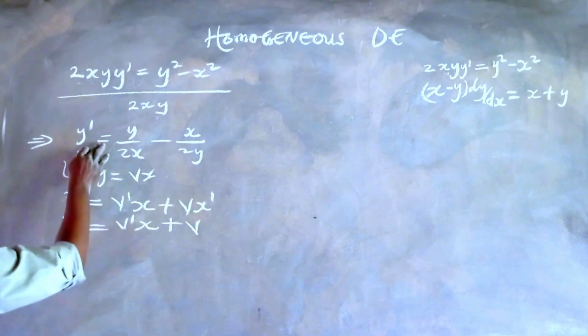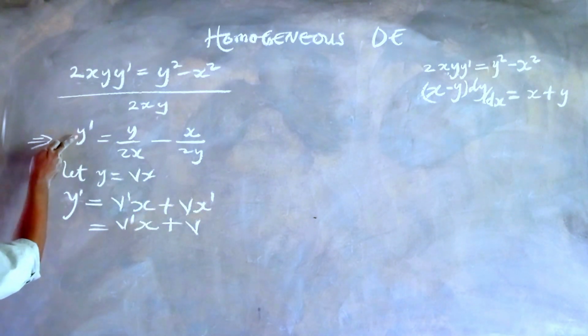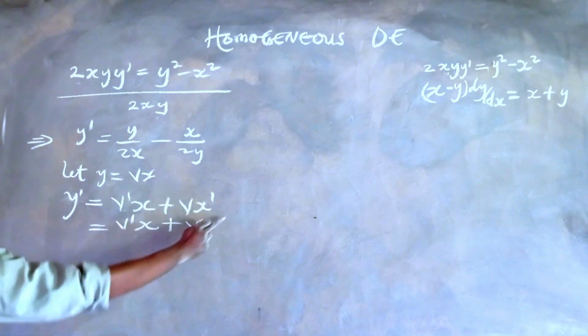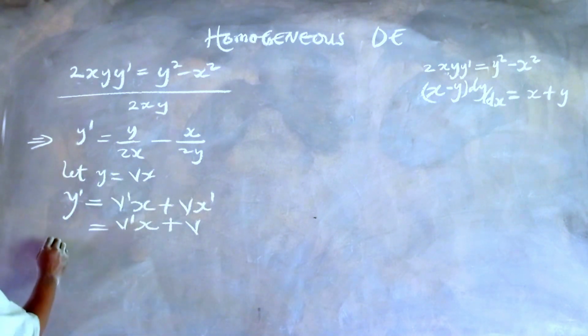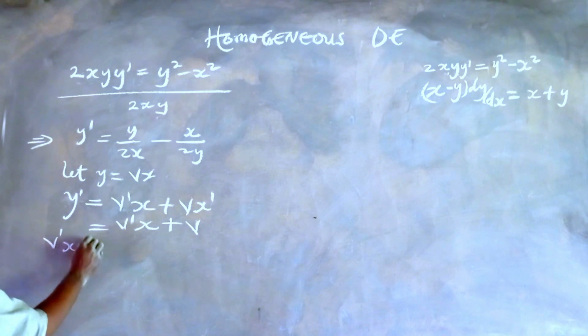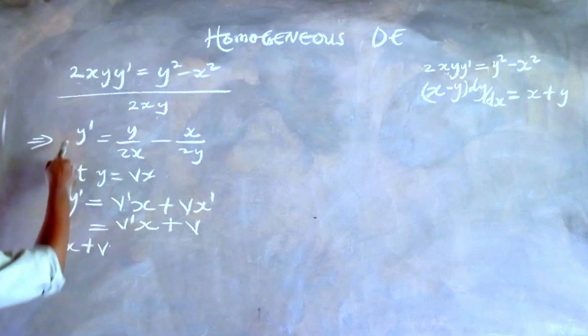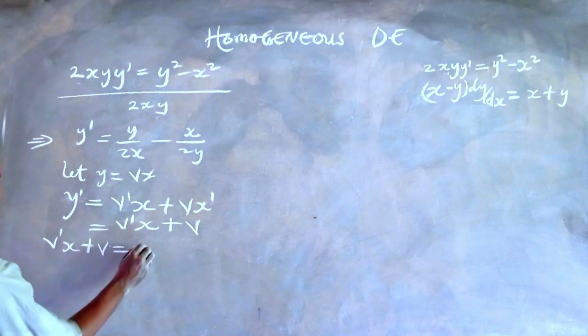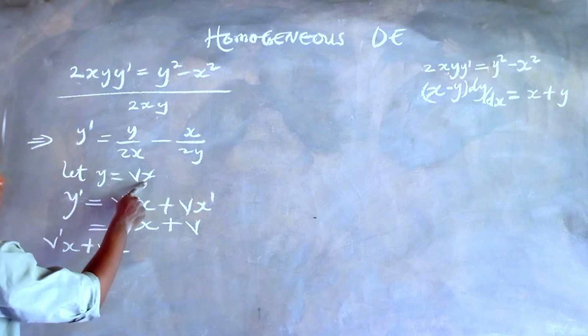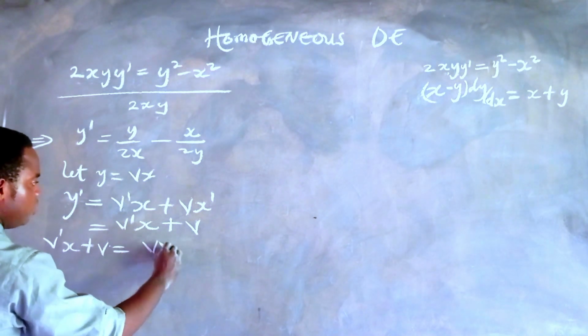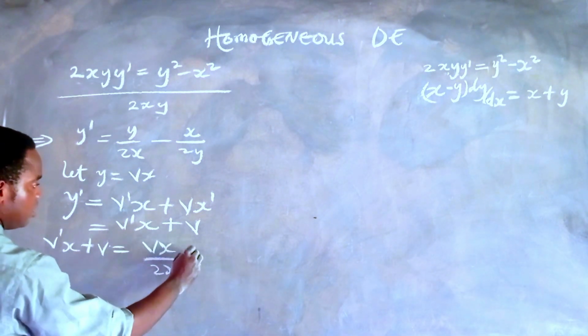At this point, we simply go on and replace all this in the differential equation. So let's do that. What is y prime? y prime is equal to v prime x plus v, which we just obtained. So this is equal to y over 2x minus x over 2y. What is y? y equals vx. So let's put down vx everywhere we have y.